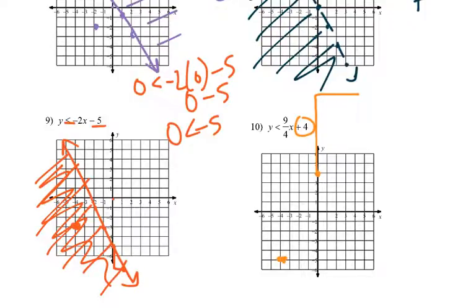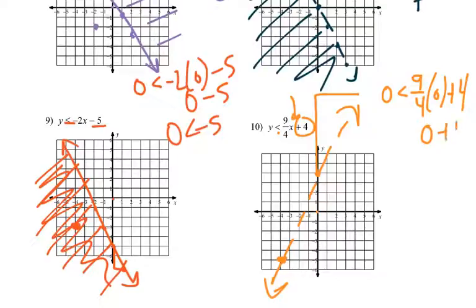Okay, so it'd be right there, no line, so it's a dotted line. Okay, pick a test point 0, 0. I like zeros on this one because that'll get rid of that stupid fraction, so we don't have to deal with trying to add those together. 0 plus 4 is 4. Is 0 less than 4? It is. So we shade that side.